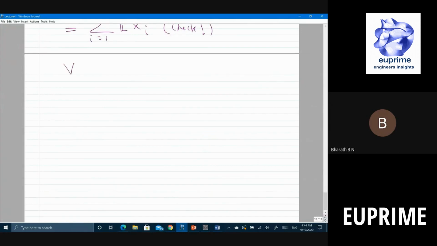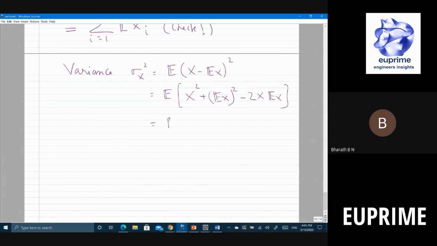Let's go back to variance. Sigma squared of X is the expected value of x minus the expected value of x, squared. This is nothing but the expected value of x squared plus the expected value of x whole squared minus 2 times the expected value of x times the expected value of x.